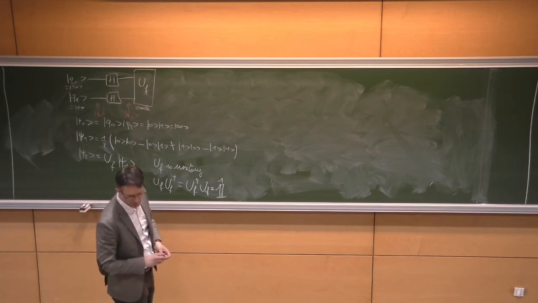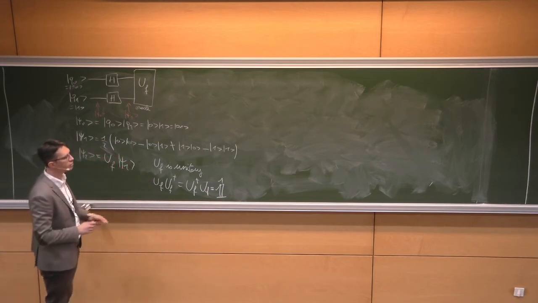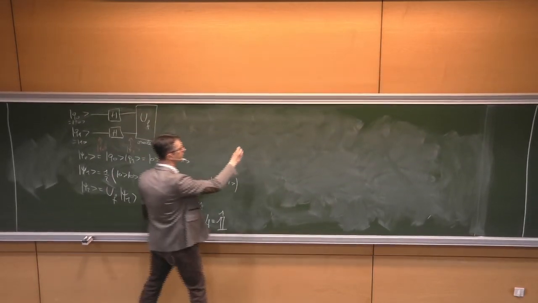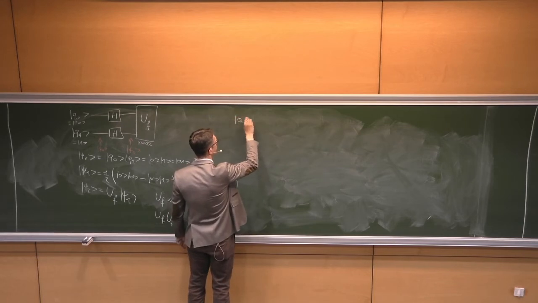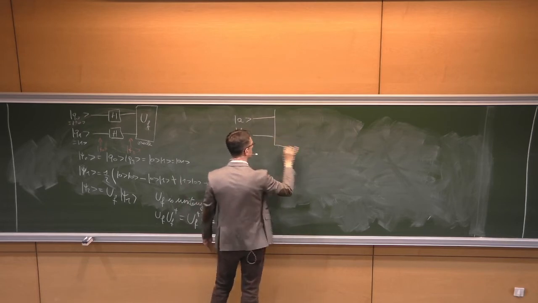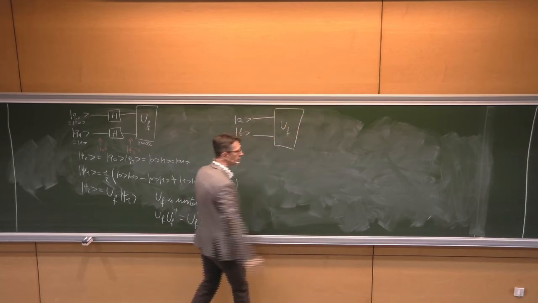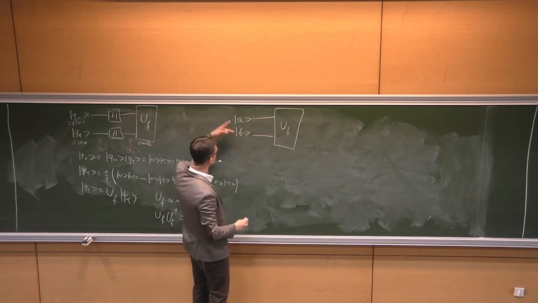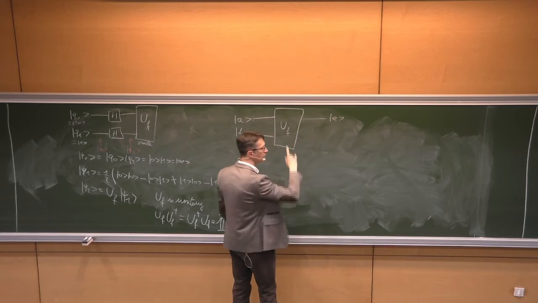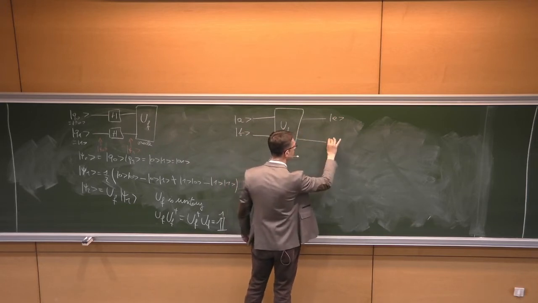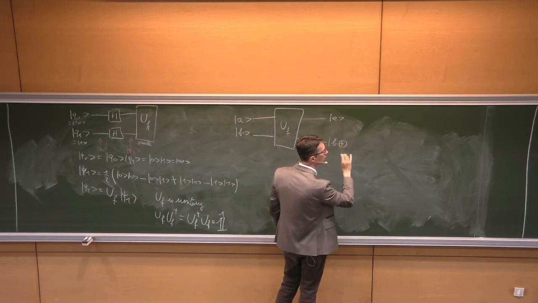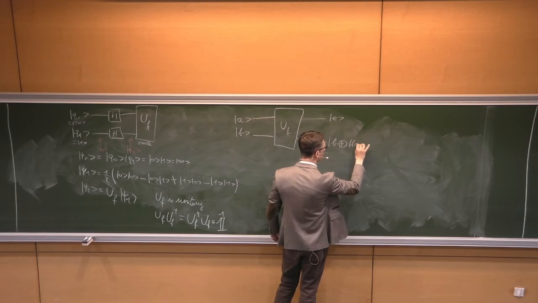So what would this transformation look like if I want a unitary transformation? An example of it is this one: my unitary matrix U of f does the following. If I send qubits A and B, it does nothing on A, but on B it does the XOR sum.